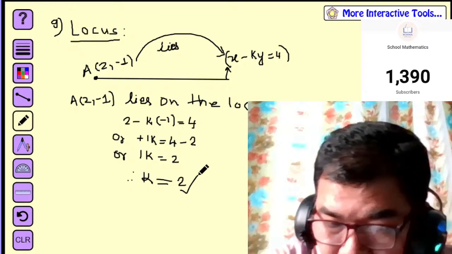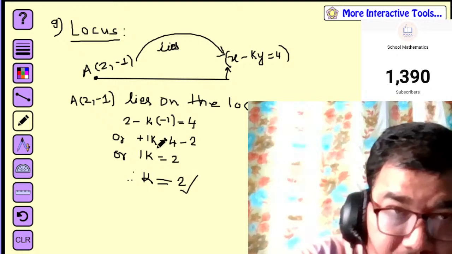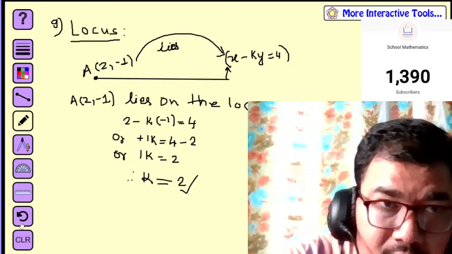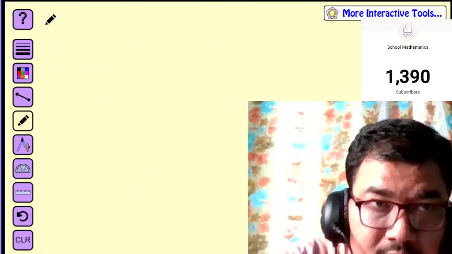And suppose there may be a question related to this topic, locus, like this also. Look, this is question number 10.